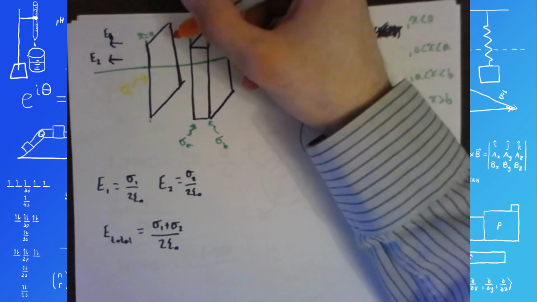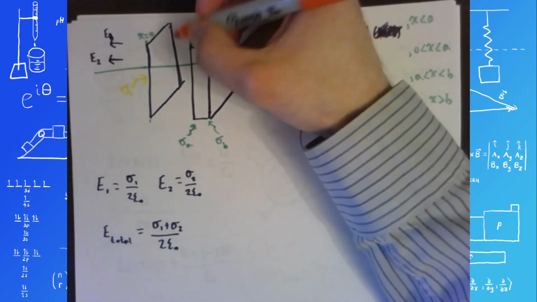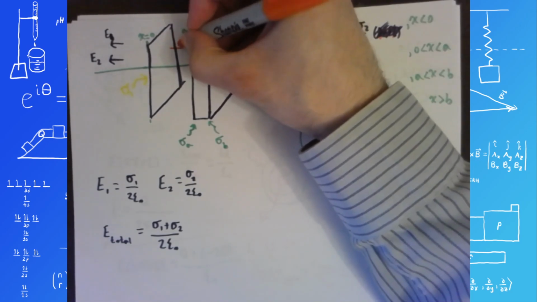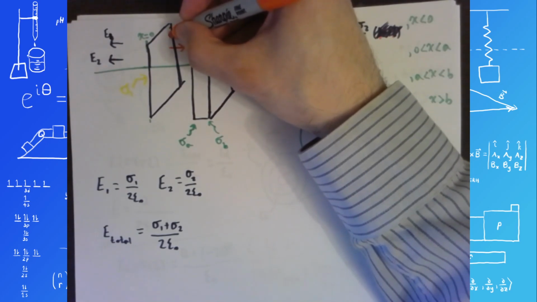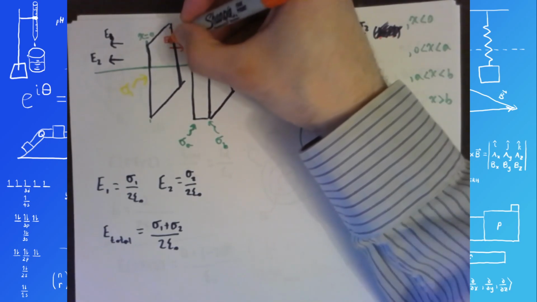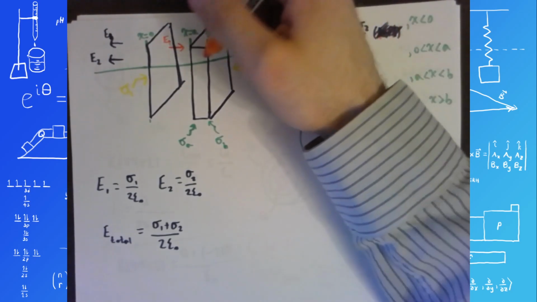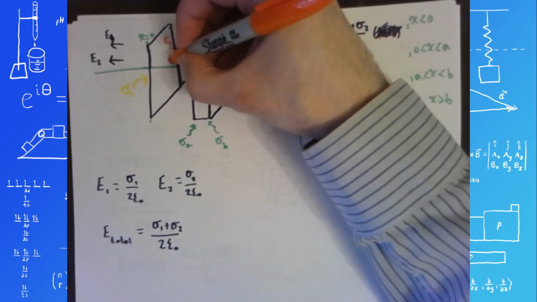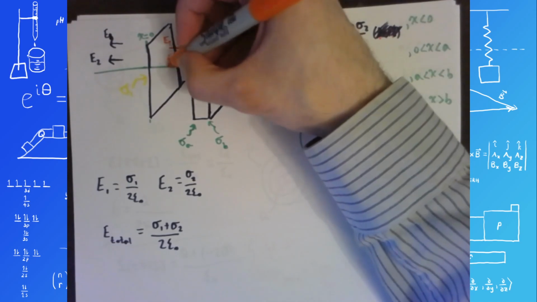Next up is the region between x equals 0 and x equals a. So over here, we have the electric field due to the sheet points to the right. So that's going to be E1. The electric field due to the slab points to the left, because we're still left of the slab, so that's going to be E2.